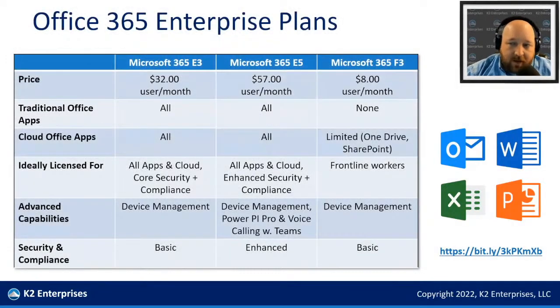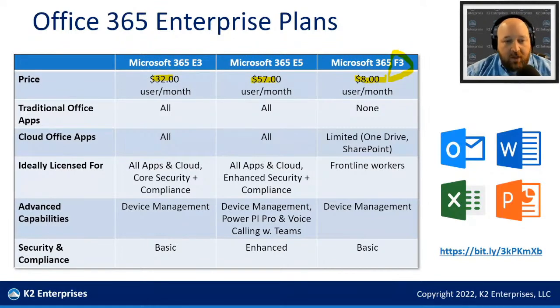Now, we also have our enterprise plans. The enterprise plans are much more expensive, or at least I should say most of them are. Most folks will either get the E3 or the E5. They also have this F3. The F is for frontline workers, so factory workers, field workers, stuff like this. Now, the difference between these plans is that they're really everything that the business standard plans have.